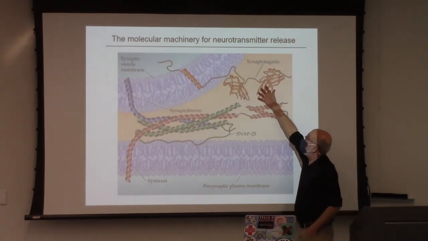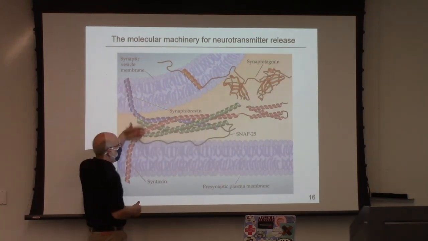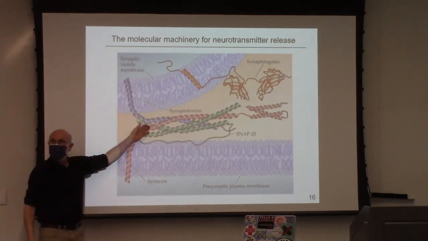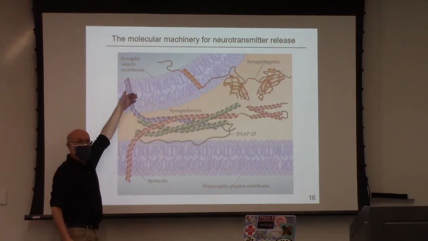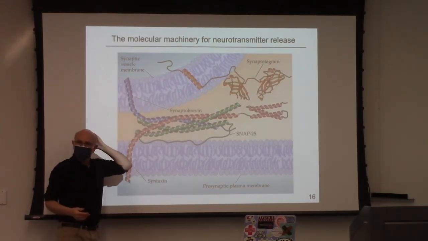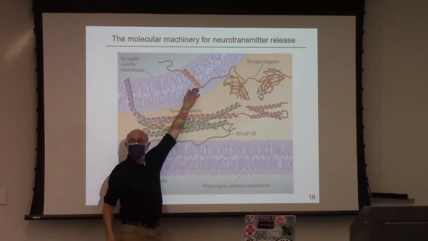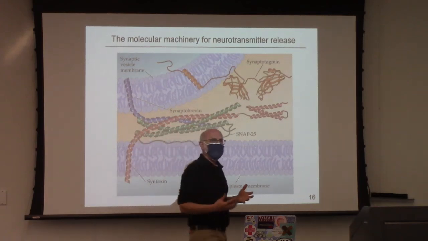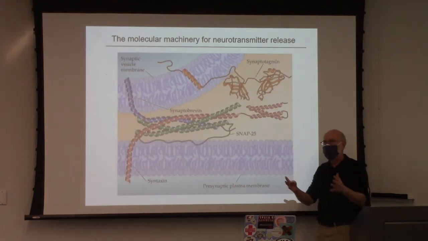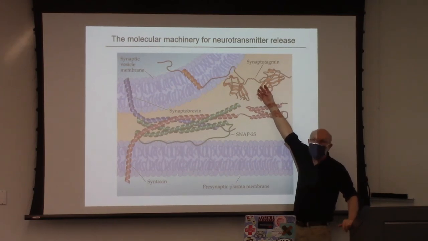Here is synaptotagmin, which is part of the V snare, and this is the snare complex. The V snares are the proteins that are needed for exocytosis that are associated with the vesicle, and synaptotagmin is the one that's specialized in neurotransmitter exocytosis in neurons, and it has a calcium binding domain.